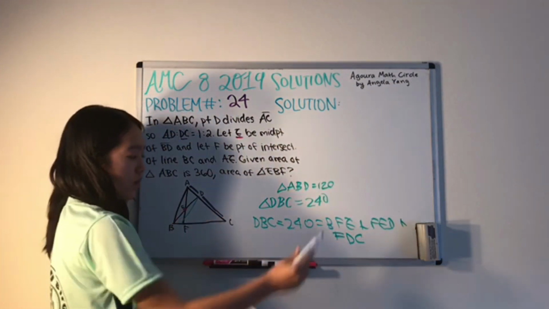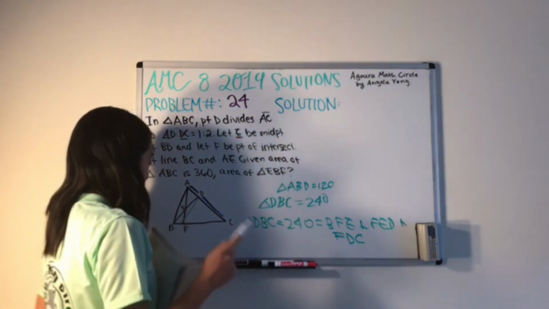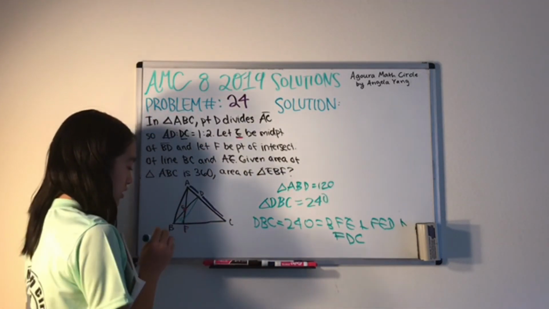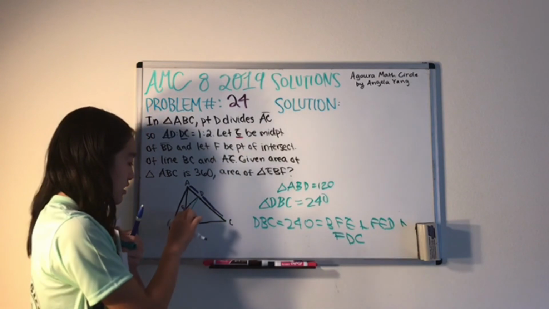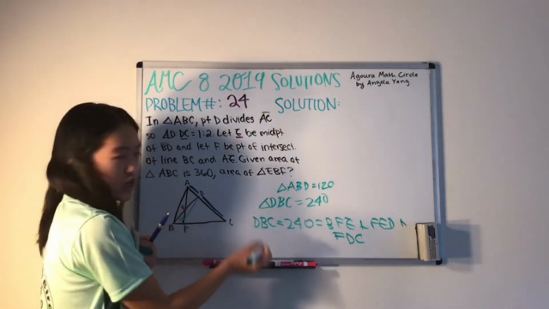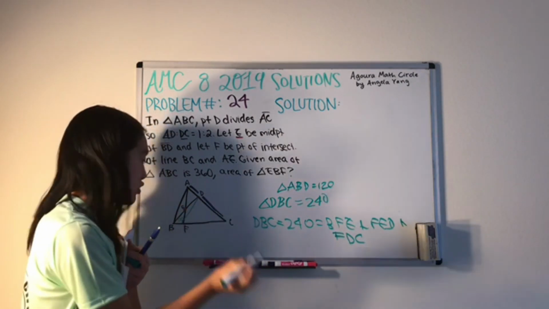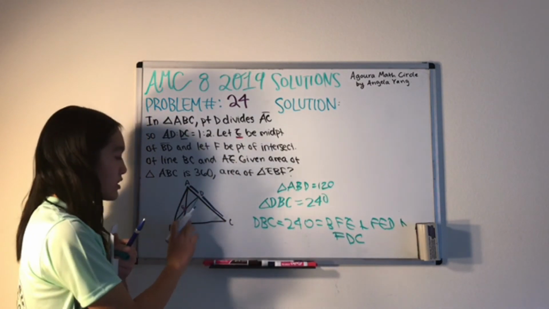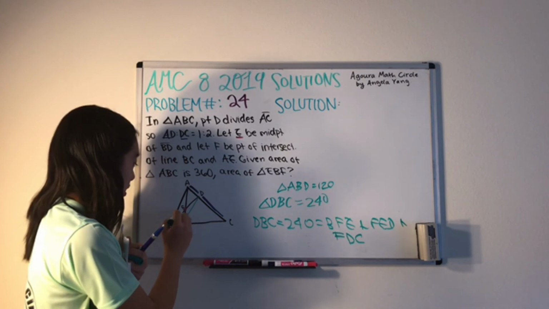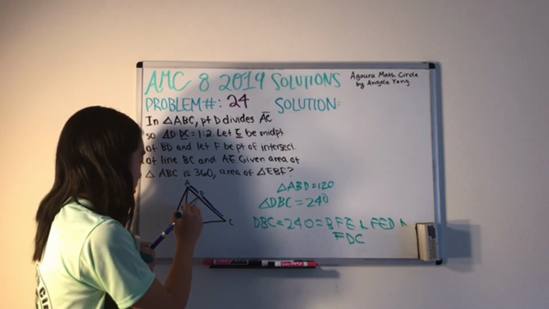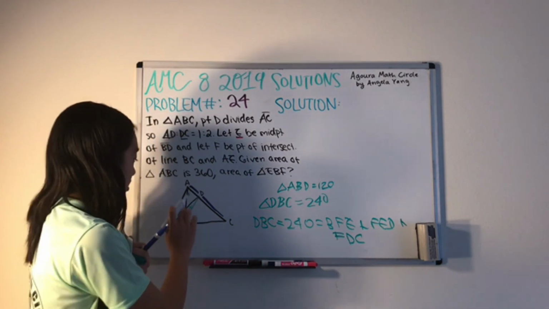Now that we have all of these three, let's assume that EBF is X. You need to know your postulates and theorems from geometry to solve this, because this is SSS: since they share a side and also BE is congruent to ED, that means this is also X. So FED is also X.